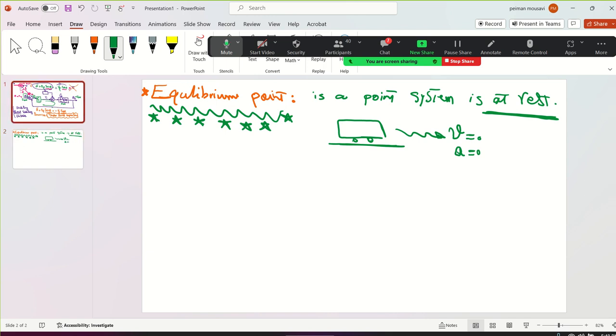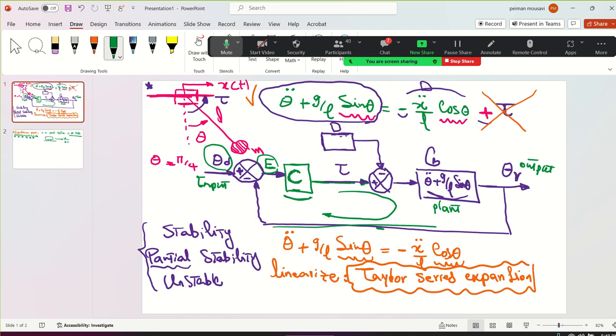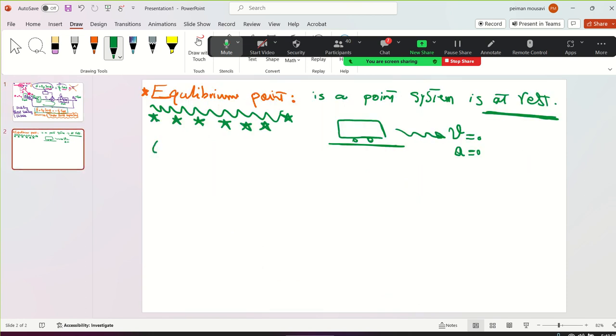Now we are dealing with angular motion, theta double dot. This is angular acceleration, and theta dot is angular velocity. So that means theta dot is zero at the equilibrium point and theta double dot is zero, for any system. If I say a thermal system, where you are controlling the temperature of the room, the equilibrium point is that T dot is zero and T double dot is zero.